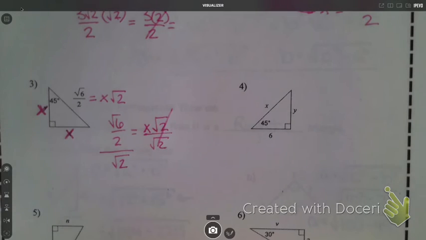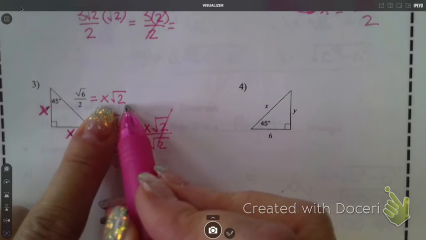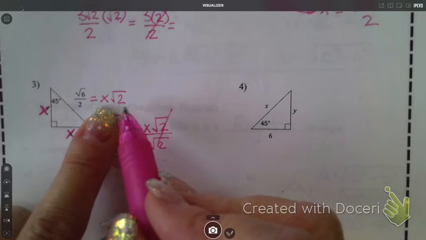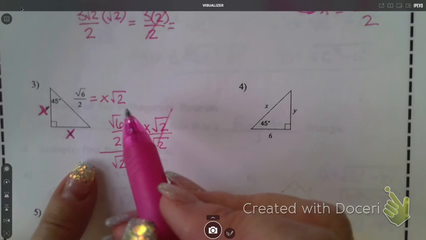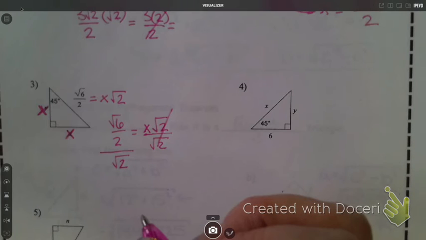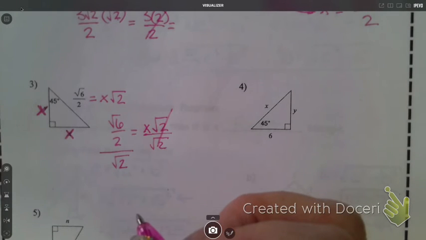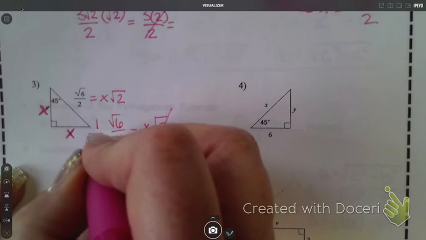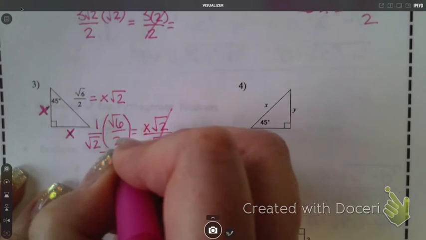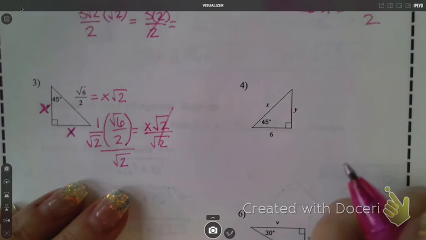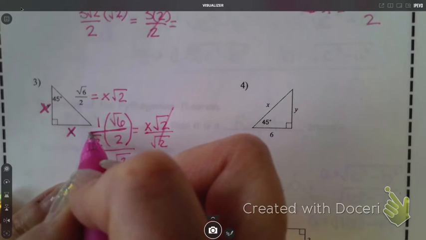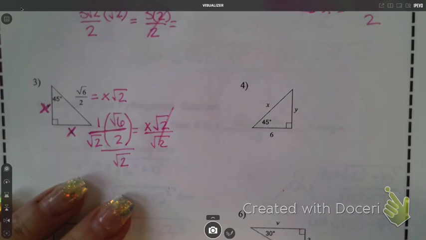Okay, so I have the square root of 2. Isn't that the square root of 2 over 1? Yes? So what is the reciprocal of the square root of 2 over 1? 1 over the square root of 2. Okay, now this is one big fraction bar now, isn't it? Because it's multiplication.